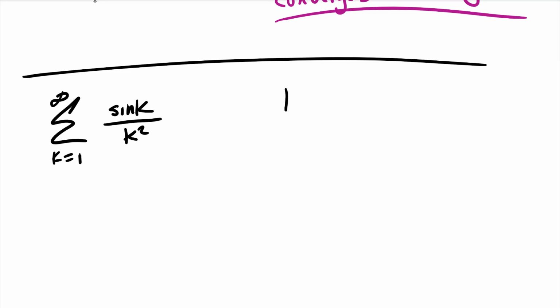We're going to take the absolute value of sine of k over k squared. Oh, dude, I forgot to put my absolute value on the k squared. It's always positive. Why would you put an absolute value on it?